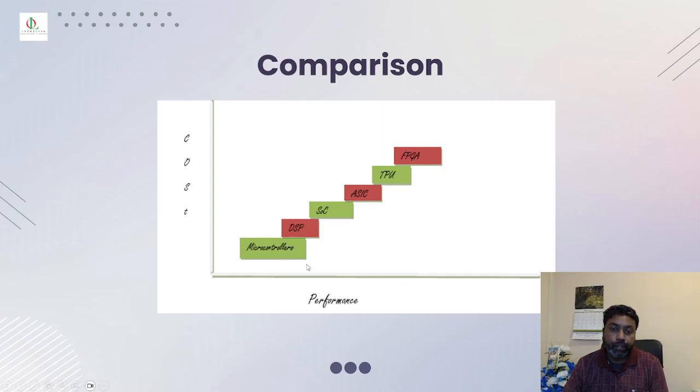A microcontroller, even a 20 rupee or 50 rupee microcontroller, will do that, compared to an FPGA, which can be customized and can do multiple processing at the same time with the DSP, for audio and video applications. Therefore the cost is very high and the performance is right out there, and as you can see the others are in between in the comparison. So the FPGA is the go-to with embedded systems, and you will learn more about it as you get into the industry.